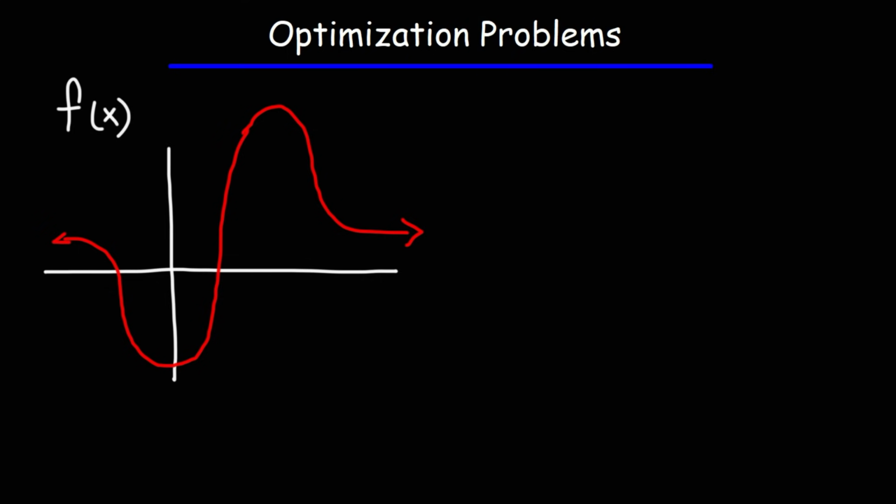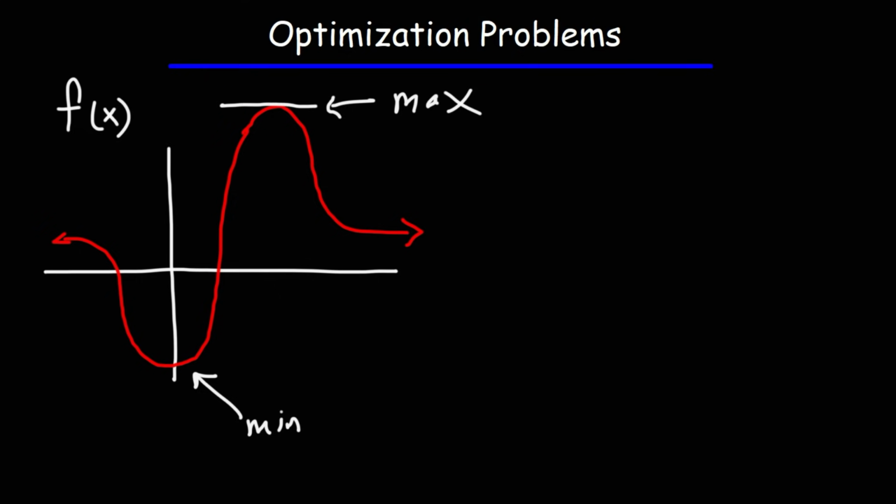So therefore, in order to solve these types of problems, you need to be able to identify the maximum and the minimum values of a function. So here we have a local maximum, and here we have a minimum. Now there's one important characteristic of these points in the graph.